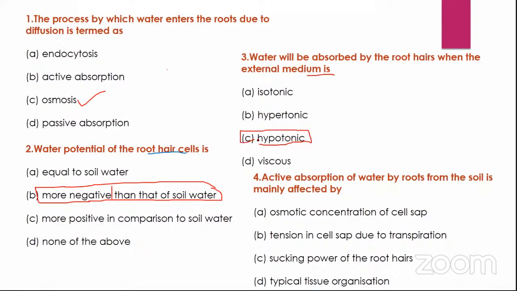What does hypotonic mean? Hypotonic means a less concentrated solution. And then hyper means a more concentrated solution.